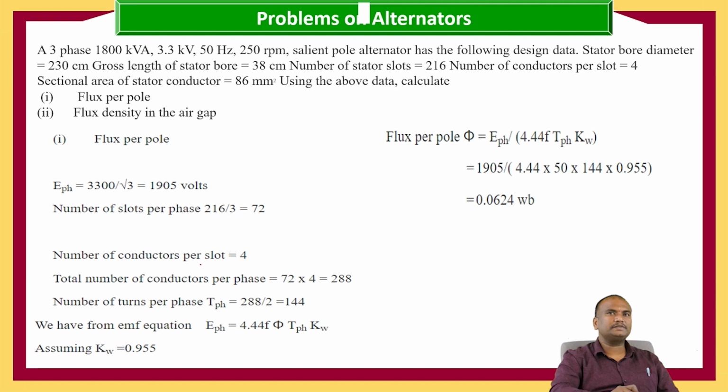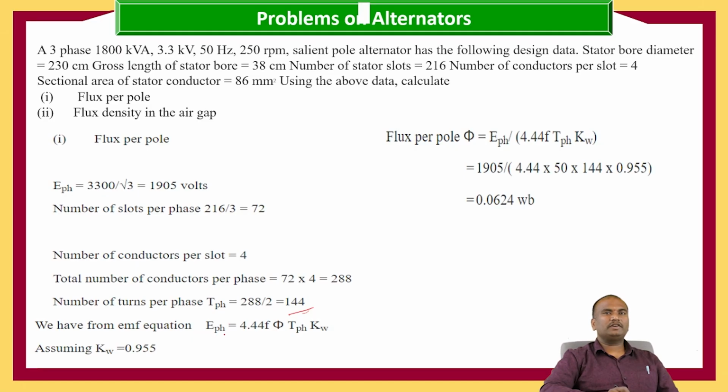The number of conductors per slot is equal to 4. So the total number of conductors per phase is equal to 72 into 4, which is equal to 288. Now we need to calculate the number of turns, because from the EMF equation we will get the flux value. That is, number of turns per phase is equal to 288 by 2, which is equal to 144.